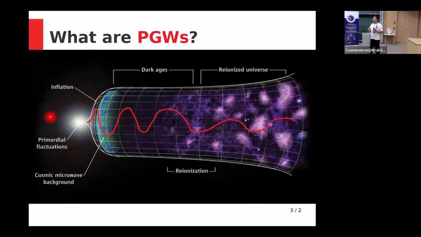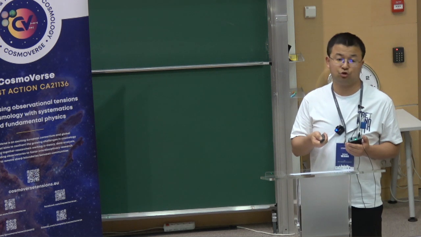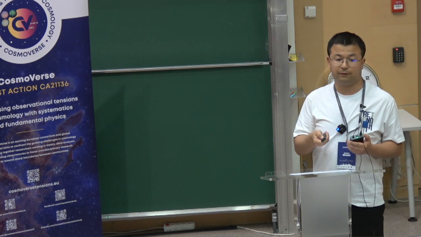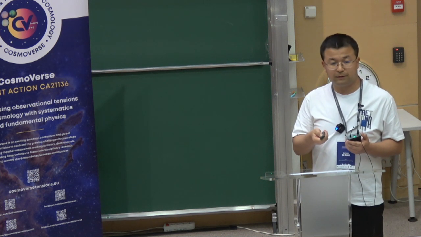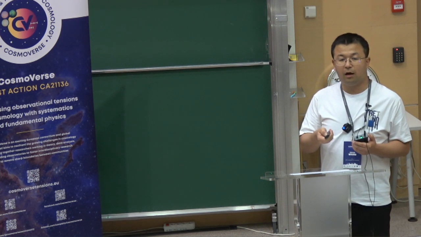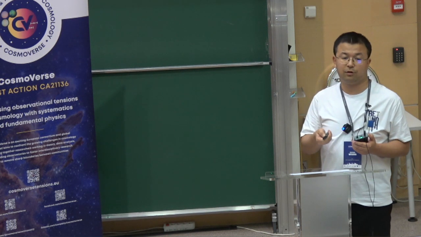And shortly after that, these perturbations will be amplified by the so-called inflation era, the exponential expansion phase in the very early universe. And these modes will exceed the Hubble radius during inflation.